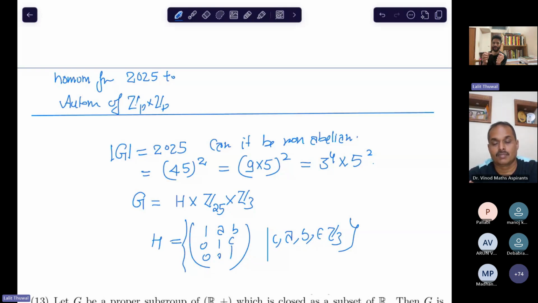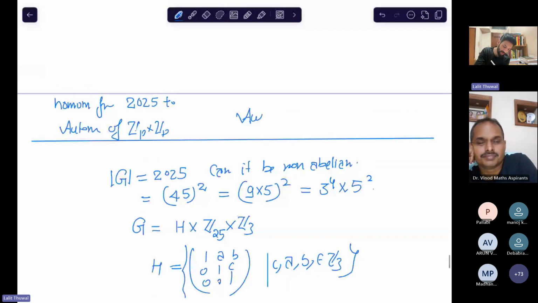Now the question is, is this the only non-abelian group of order 2025? This is your homework. Can you find some other non-abelian groups of order 2025 which are not isomorphic to that? Also, can you find the automorphism group of Zp cross Zp?